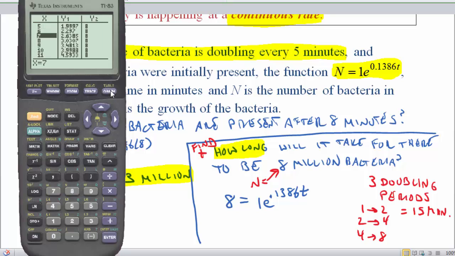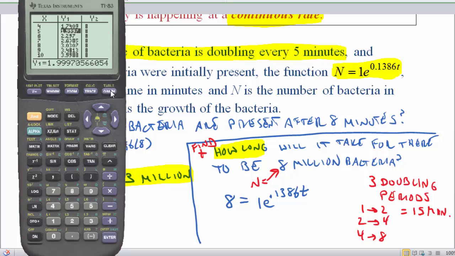Well, actually, we could have even gone to the table first, and you can see that at 15 minutes, look how close it is. It's 7.996, which would basically round to 8.00.